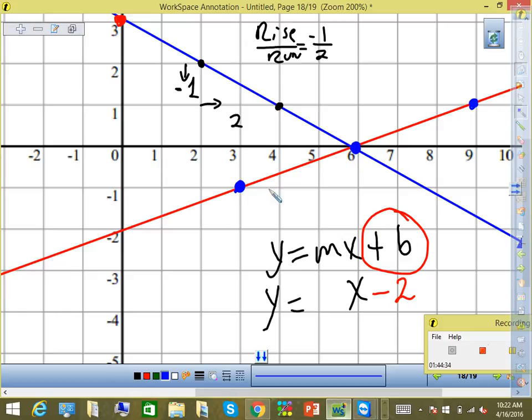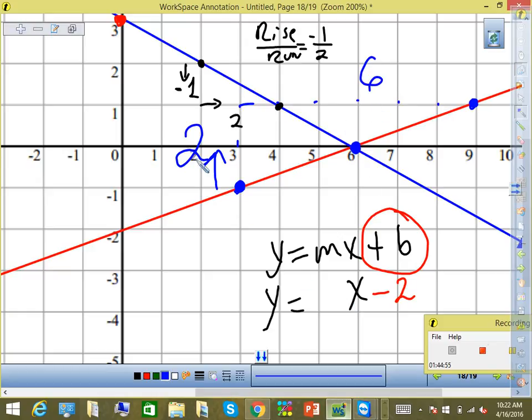So to get from here to here, that means I'm going to go up how many steps? 1, 2. 2 steps up. And since it's a positive, I just leave it as a 2. So from here to get to this point, I go 1, 2, 3, 4, 5, 6.